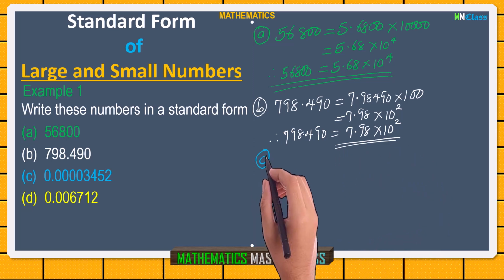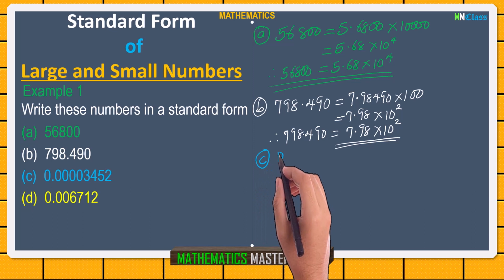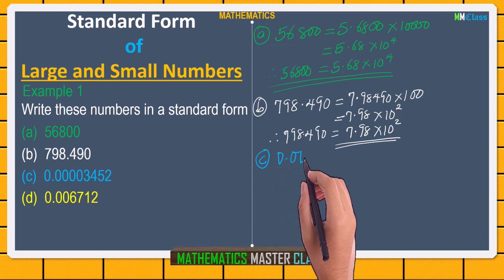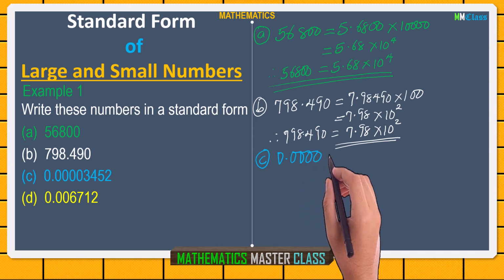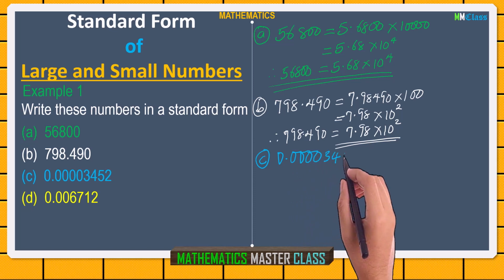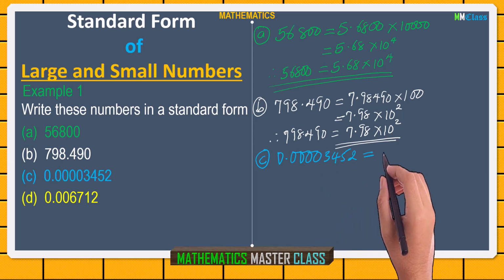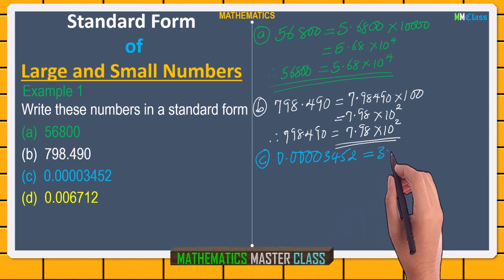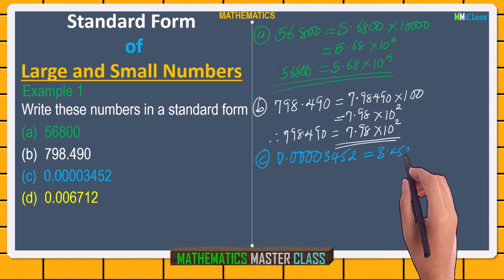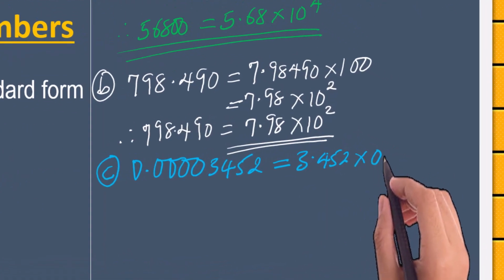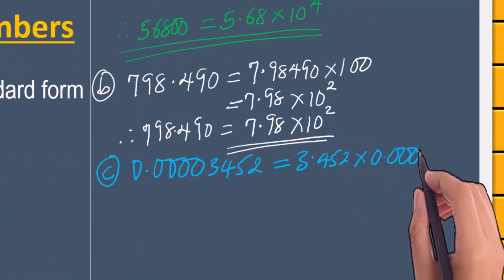The C part, we have 0.00003452. So to be written as 3.452 times 0.0.